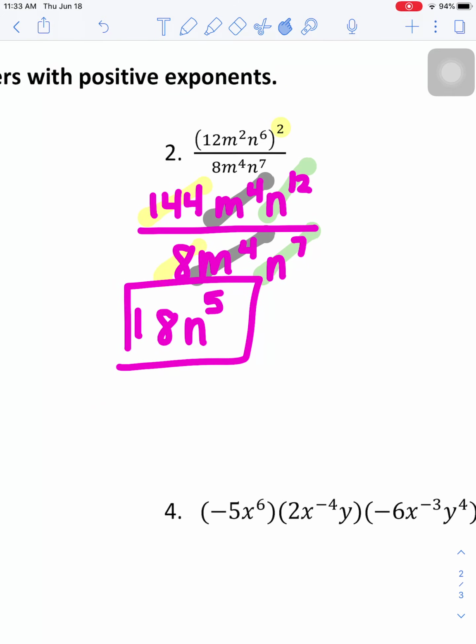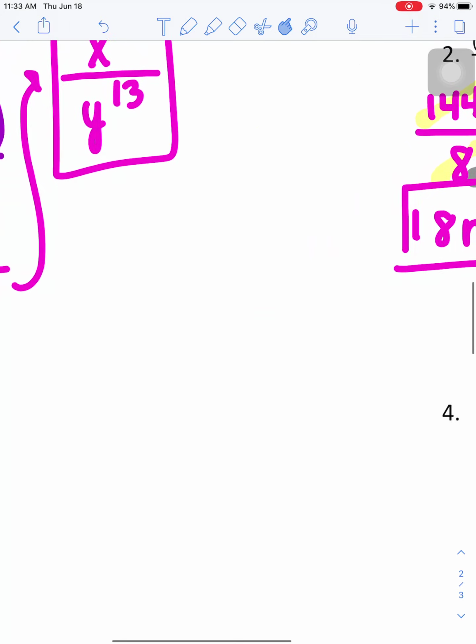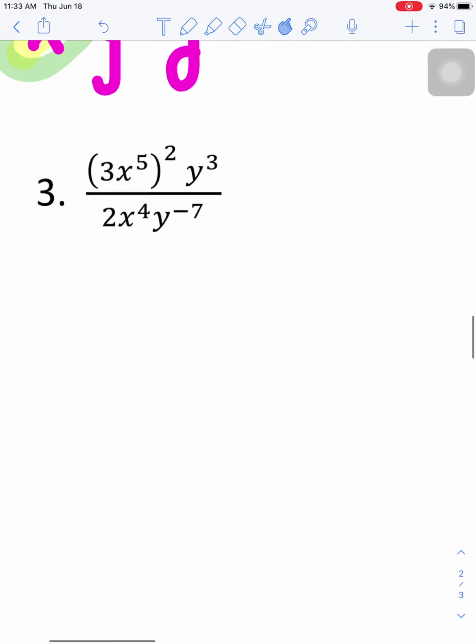All right, let's move to another multi-step type problem, or multi-rule problem. Number 3, take a moment and copy it down. You have the quantity of 3x to the 5th, raised to the 2nd, times y cubed, all over 2x to the 4th y to the negative 7th.